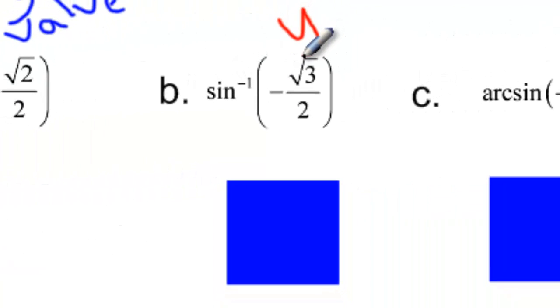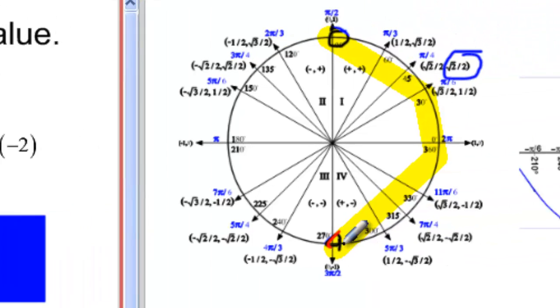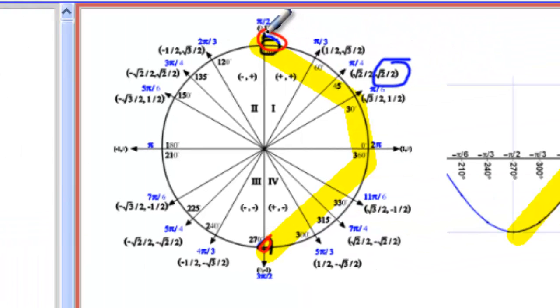Using that same logic, I have a y value here of negative root 3 over 2, and I have to find the inverse sine. So the domain is between negative pi over 2 and pi over 2, and this is where I see negative root 3 over 2. Now you need to be careful. I'm not going to use the counterclockwise angle of 300 degrees because that's not in the domain.